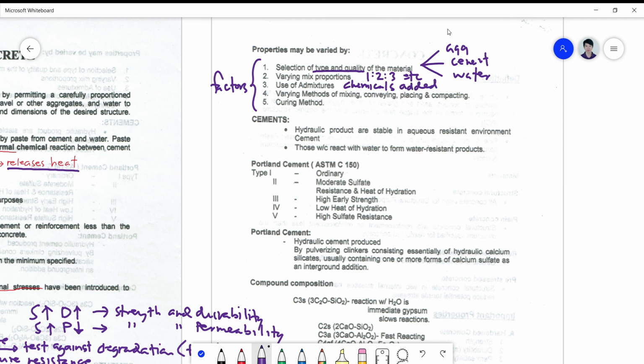Number four, the basic methods of mixing, conveying, placing, and packing. These are more on the procedures: preparation and casting. Number five is curing.